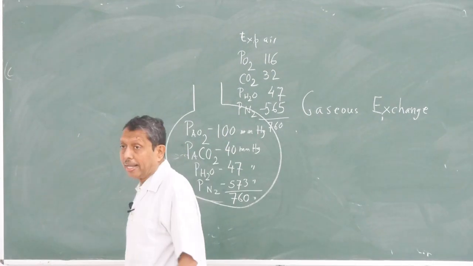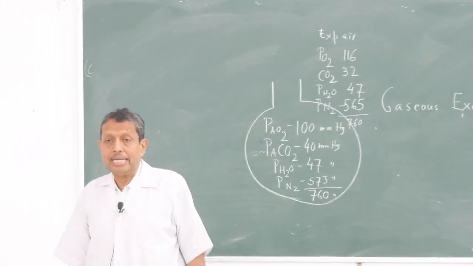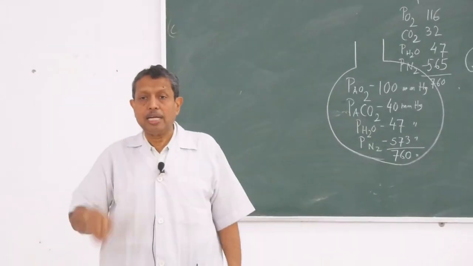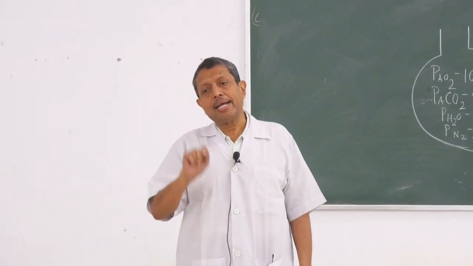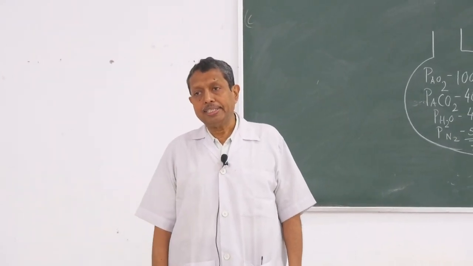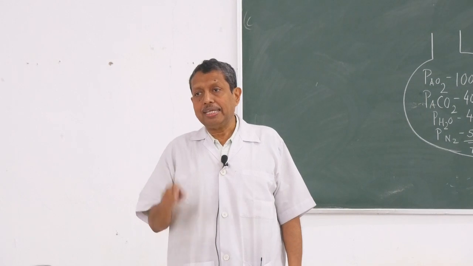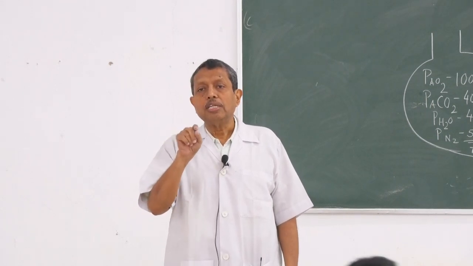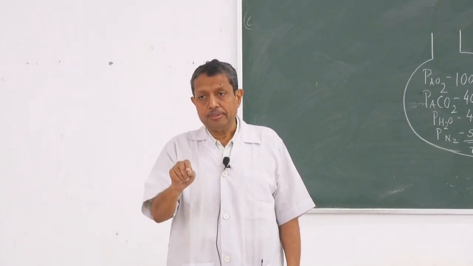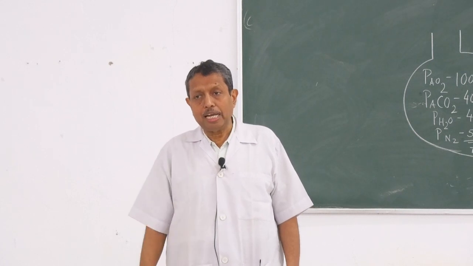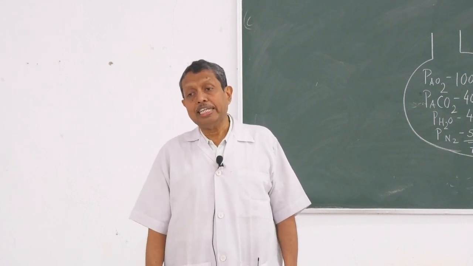So this is the expired air. In case of ambient air, it is variable, but the inspired air, you can imagine, is the air that goes into the alveoli just prior to entering the alveoli, termed the inspired air.